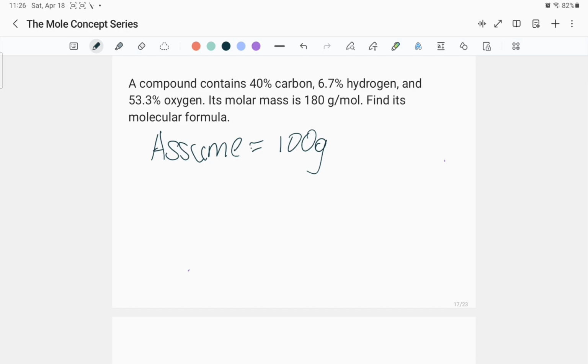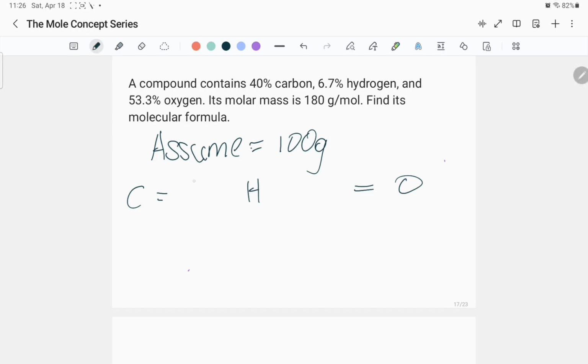So we first must find the empirical formula, and we find it by finding the number of moles of each of the individual elements present in this unknown sample. So we have carbon, hydrogen, and oxygen. And we're using our basic mole formula, which is mass divided by molar mass, to find the number of moles of each of these individual elements.